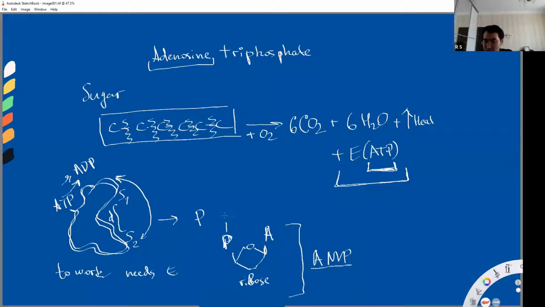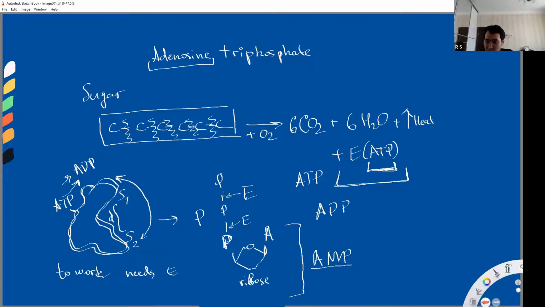Whenever we have another phosphate here, it becomes ADP. And when we add the third phosphate, it becomes ATP. And when it becomes ATP, it means that a lot of energy is stored in these two bonds. So energy.